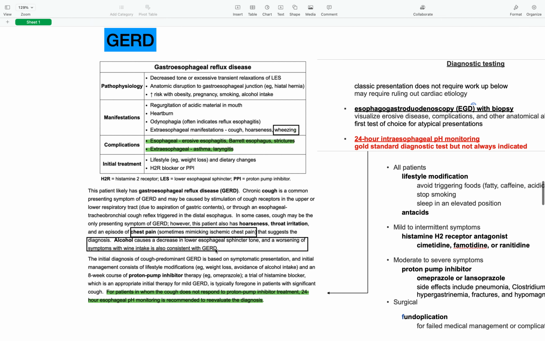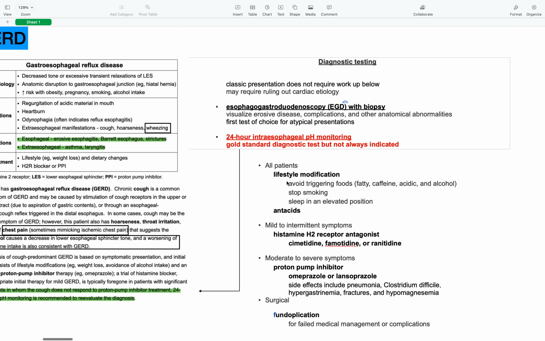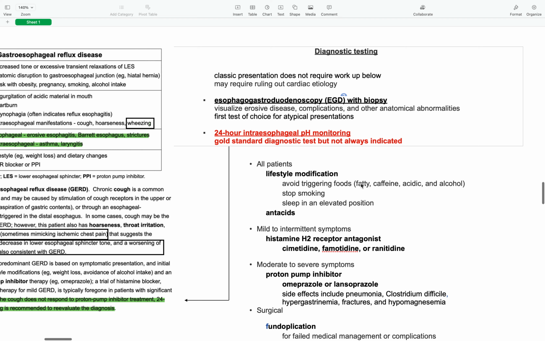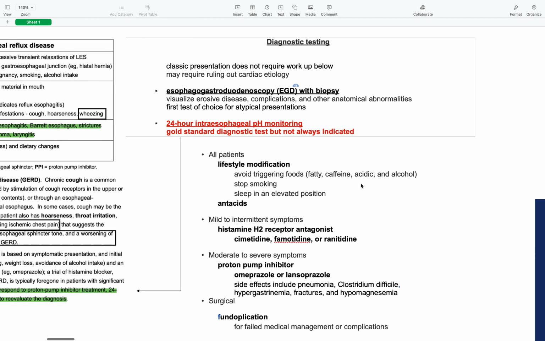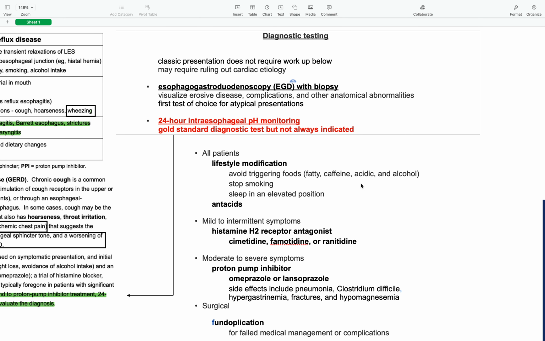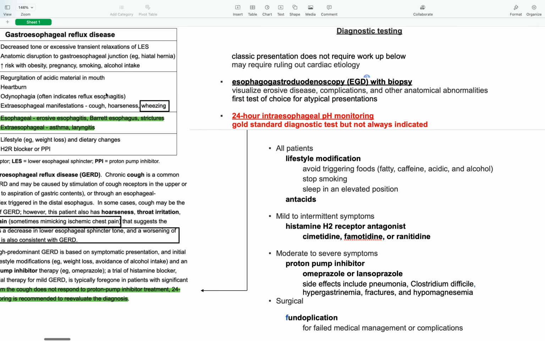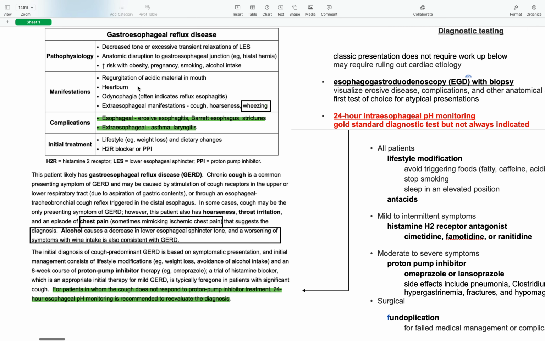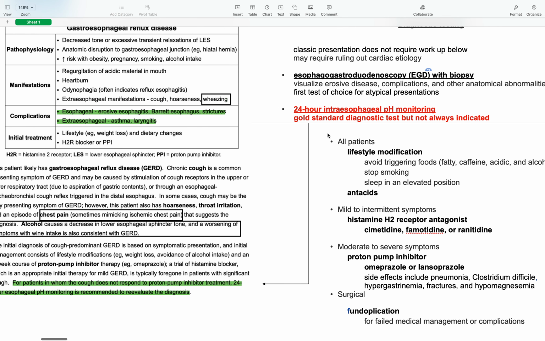Okay, so let's talk about the diagnostic tests. So your diagnostic approach is basically the clinical presentation. Okay, so if the patient has those classic presentation features, regurgitation of acidic material, heartburn, you don't need to do an extensive workup like this.